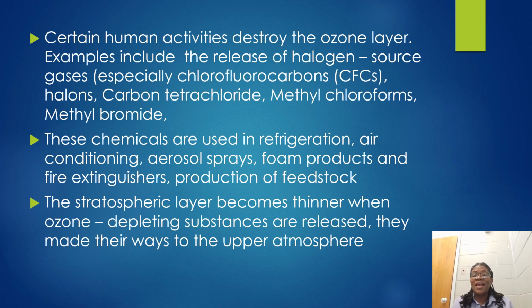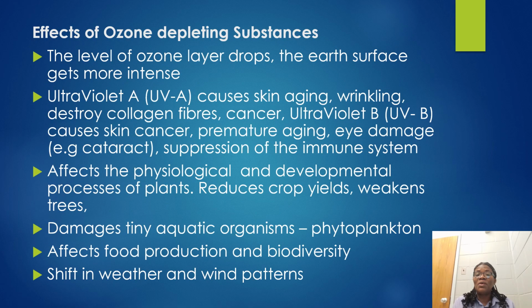When they make their way to the upper atmosphere, they gradually reduce the layer of the stratospheric ozone there. So the level of the ozone layer begins to drop, and the Earth's surface begins to receive more of the rays coming from the sun.